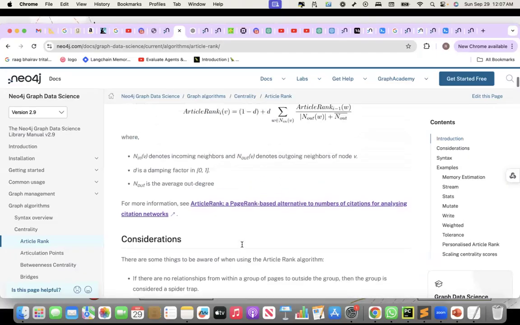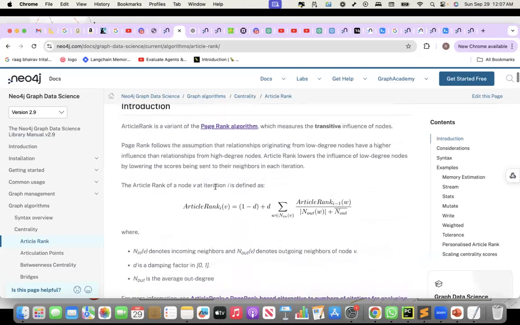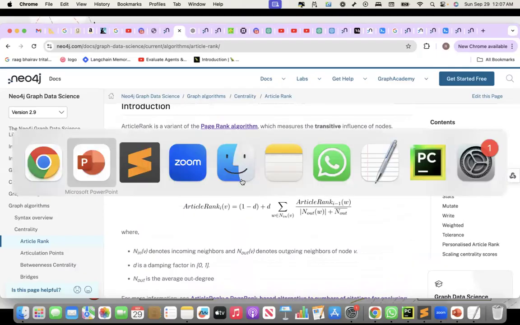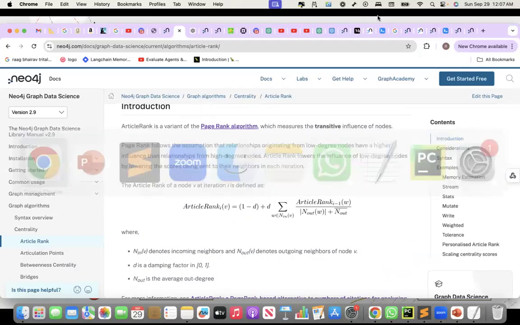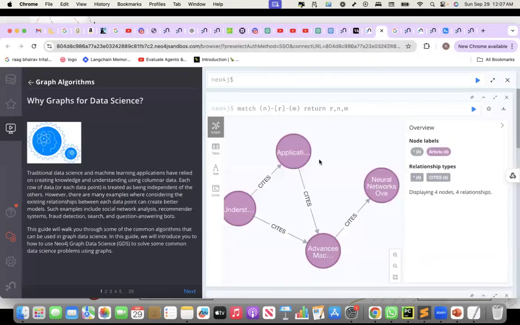Now, let's see how we can use this function in Neo4j. I have created this network of articles.